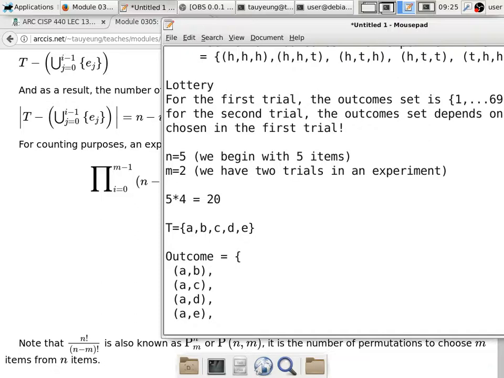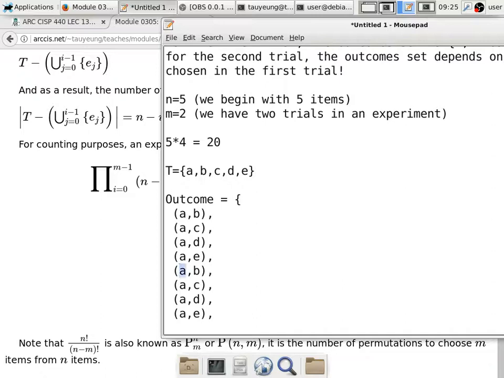Is that making any sense? It cannot be AA because it's without replacement, so AA is not possible. The next 4 are going to be about the same, except they all start with B. So BA, BC, BD, and BE. And now we can copy even faster.